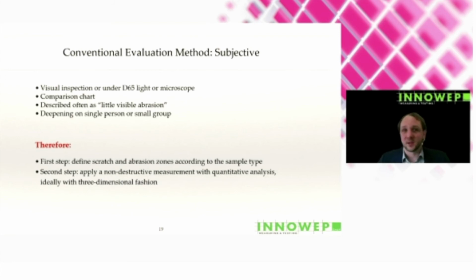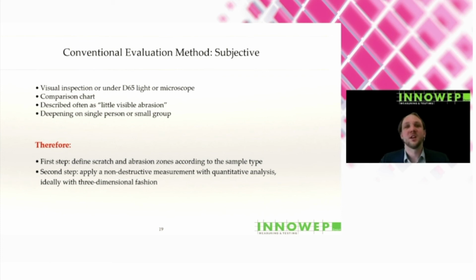Nowadays we just use daylight, D65 light. This is as good as we can get, and then we have comparison charts and descriptions like "little visible abrasion". This is still standard nowadays in the automotive industry and in a lot of different companies and OEM specs, actually.